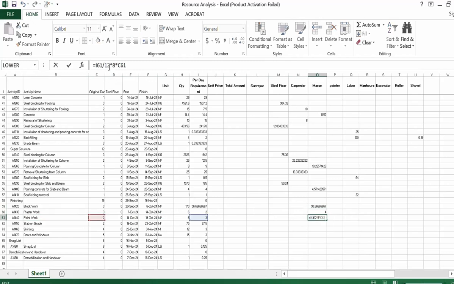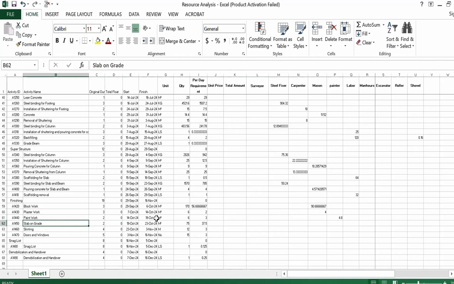For the paint work we can say one painter will do 10 square meter, so we will put it in the paint. This quantity divided by 10 square meter, multiplied by 8 hours, multiplied by duration. So 4.8 hours is required for the painter to complete this painting work.